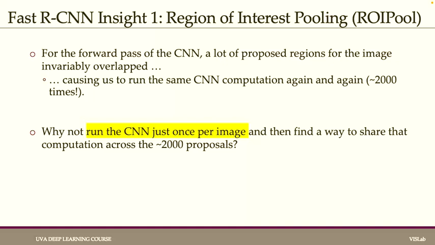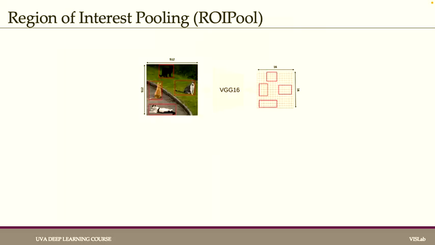A lot of the computation is done with almost the same images, or at least you have a huge overlap in regions. So the idea is, let's run this whole image through the CNN once, and that way we share the computation for the 2,000 proposals, and then try to find the regions in the latent embeddings.